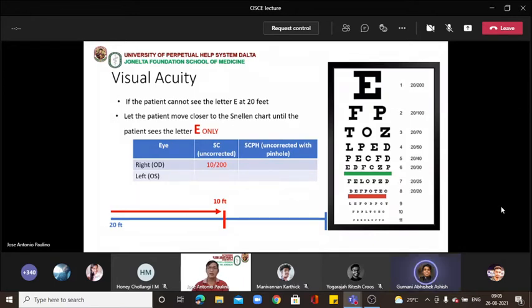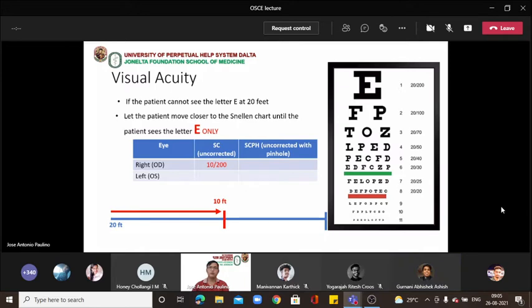As mentioned a while ago, you have to have the majority correct. If it is more than 50% of the line, you just subtract the number of mistakes. So if the patient makes a mistake with the P and Z, the score will be 20 over 25 minus 2.